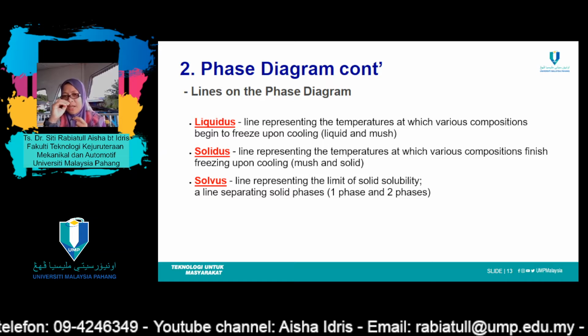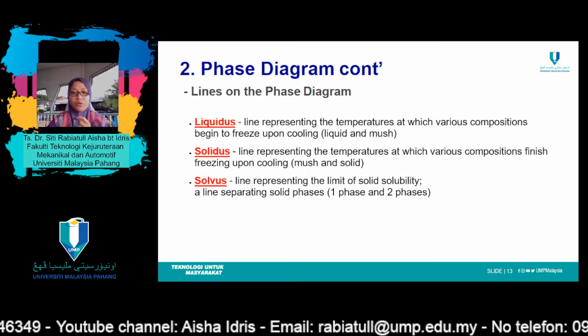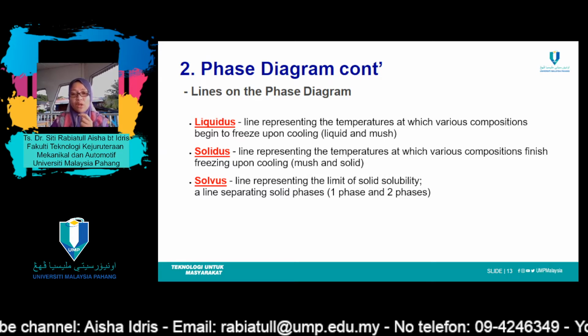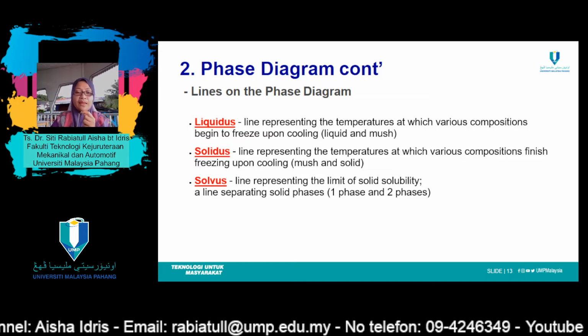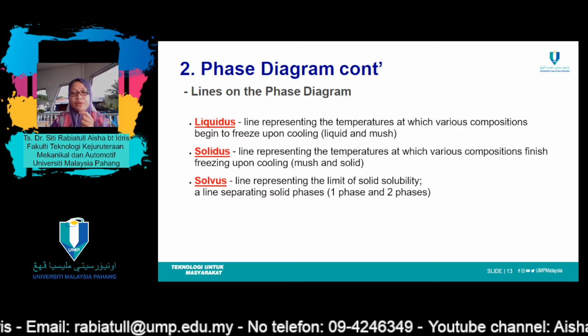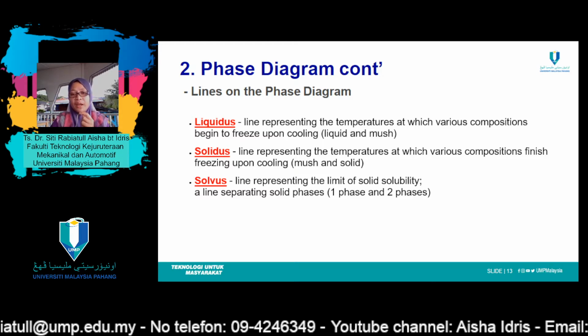And in a phase diagram, these are the terms that you need to know, which are liquidus, solidus, and solvus. Liquidus is the line representing the temperatures at which various compositions begin to freeze upon cooling.